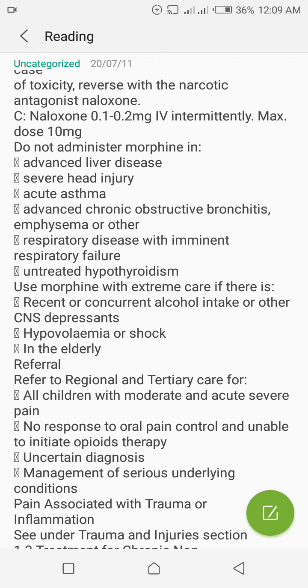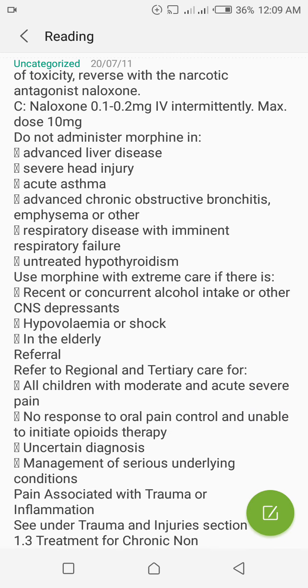Respiratory disease with imminent respiratory failure, you don't give morphine. In treated hypothyroidism, use morphine with extreme care, and if there is recent or concurrent alcohol intake or CNS depression, hypovolemia, or shock in the elderly.